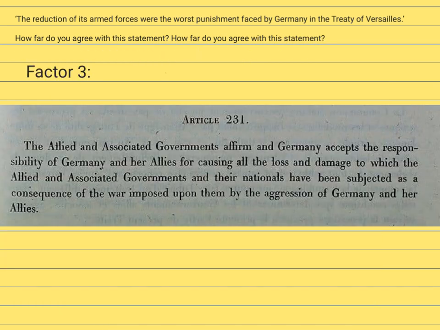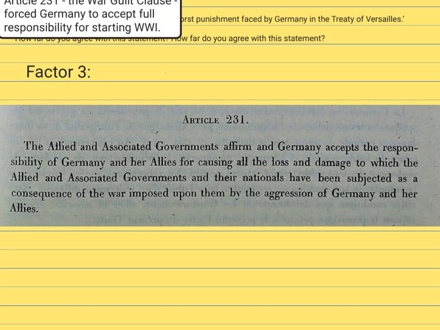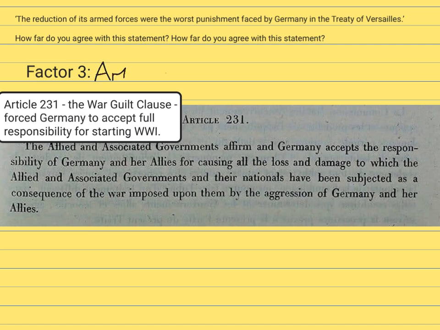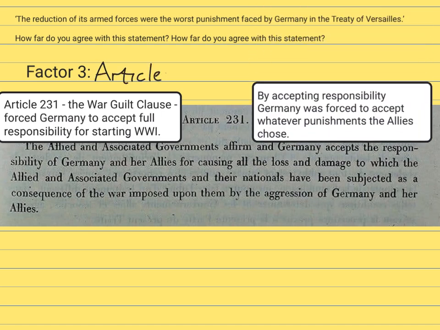This answer can now access the top levels of the mark scheme if it considers a second alternative argument to the one in the question. We've already discussed the reduction of the armed forces and the territorial losses, so we might also consider the impact of Article 231, also known as the War Guilt Clause.